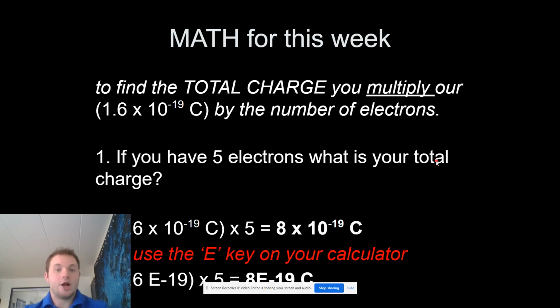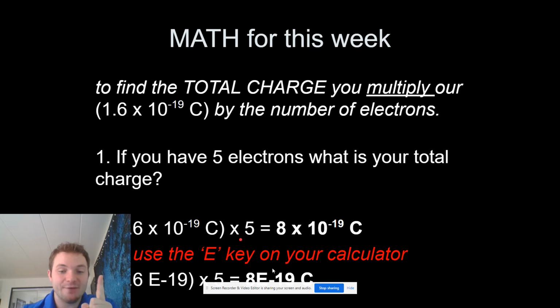So here, if you want to find the total charge, you multiply 1.6 times 10 to the negative 19th by the number of electrons. Let's say I had a bin, and this bin had 5 electrons in here. All right, how much charge does this bin have? The answer would be one electron has 1.6 times 10 to the negative 19th coulombs.